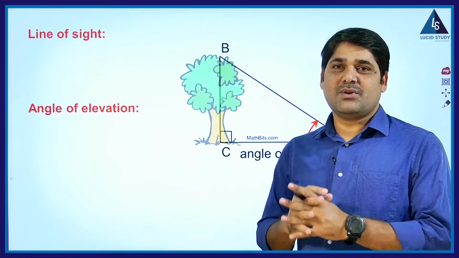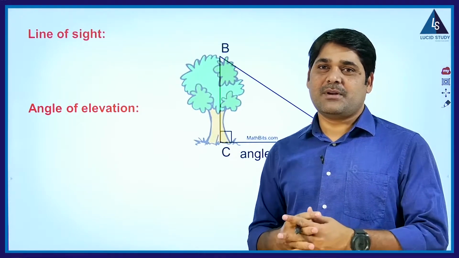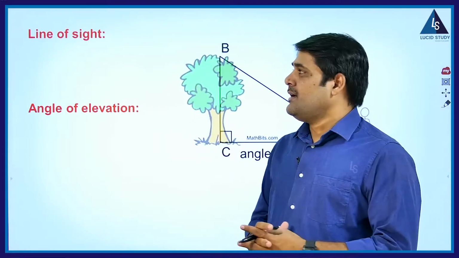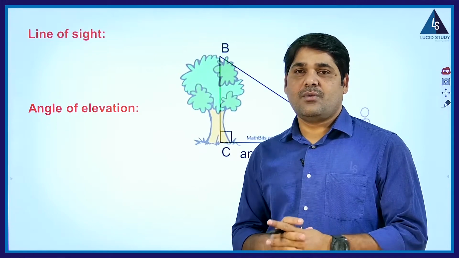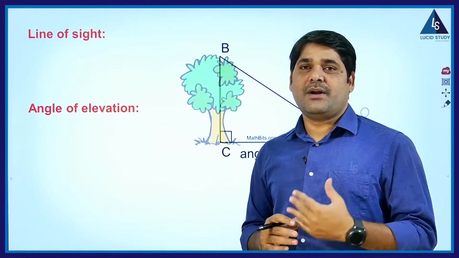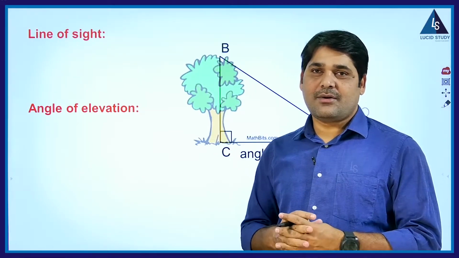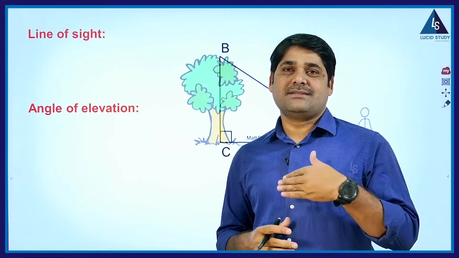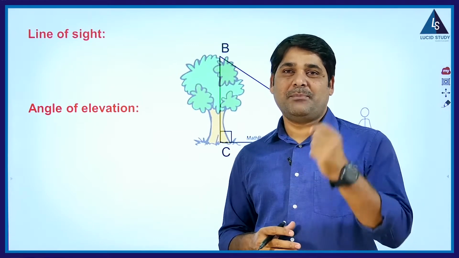So let us know the basic concepts of this chapter. Very important this. See, the first term is line of sight. So what do you mean by line of sight? Suppose I am an observer. Suppose you went to see the Leaning Tower of Pisa and you want to watch the top, the tip of the tower.